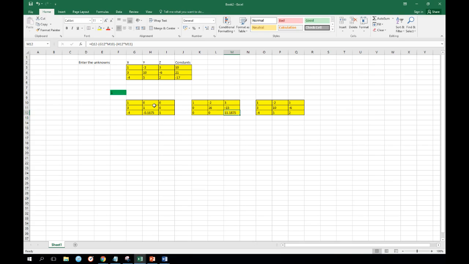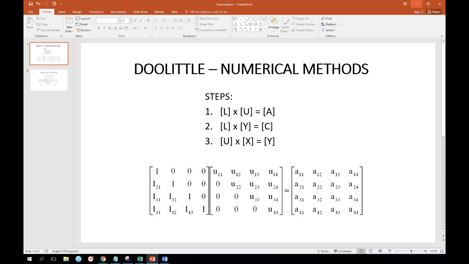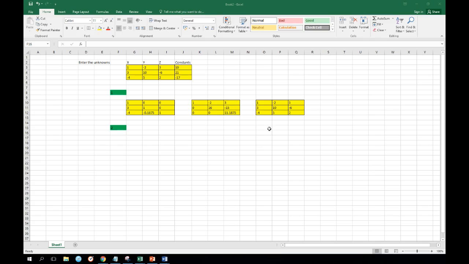So there we go. We can see here that we are already done with the first step. Now let's move to the next step. As we can see on the formula, going back to the PowerPoint, this is L multiplied by Y is equals to the constants. So here, let's create a 3 by 3 matrix, and these will be the values for the Y, and the constants will also be this.